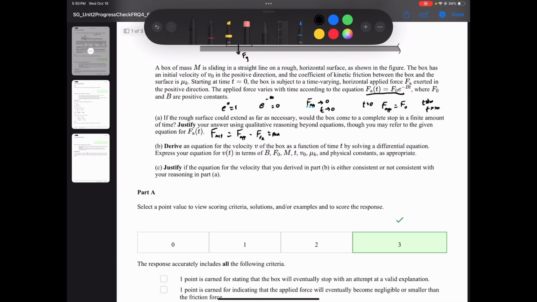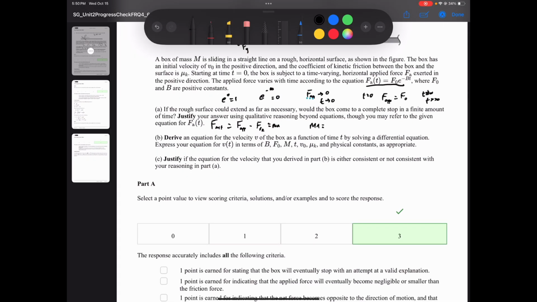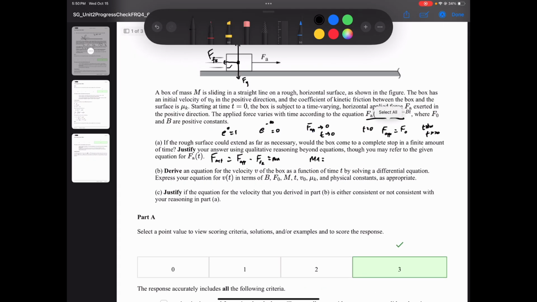If I want to write a full expression, I can write ma is equal to F naught times e to the negative beta t, minus the friction, which is mu sub k times mg. All right, that's my expression.